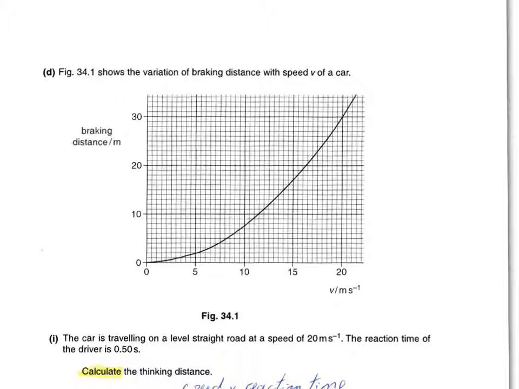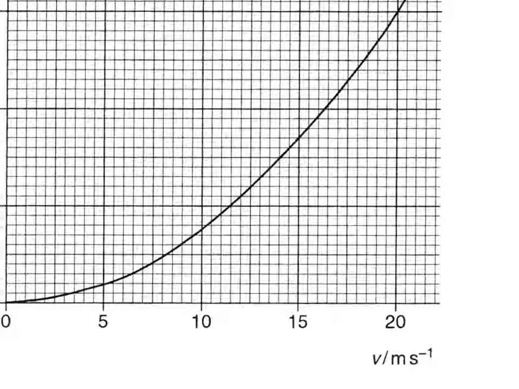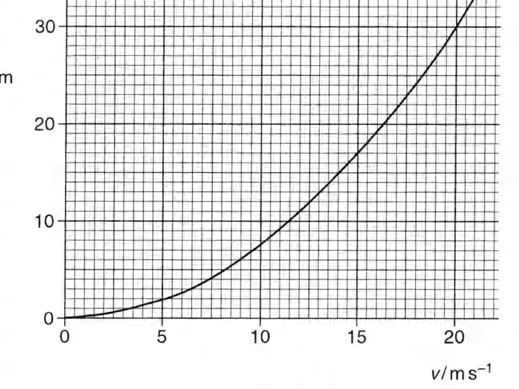But hold on, one simple one to look at would be 16 meters per second. Looking at that, 16 meters per second is going to be 2 squares in, and if I come up, it's this line here, and you'll see it's just a hair over 19 meters.